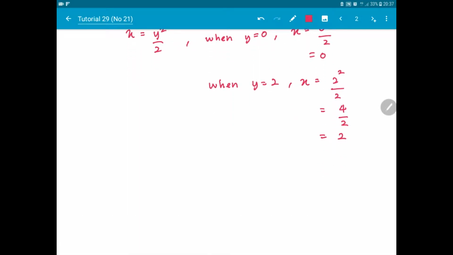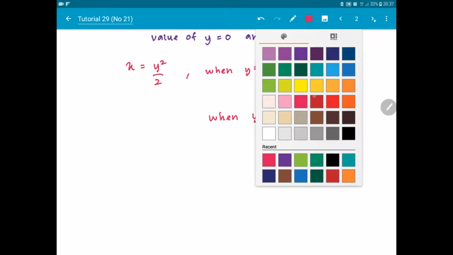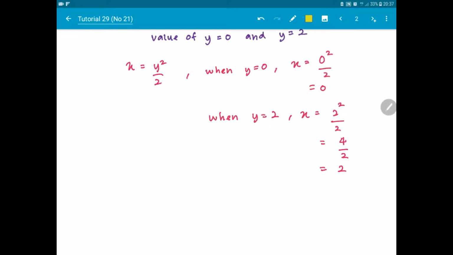So we know that the critical points we get are (0, 0) and (2, 2).